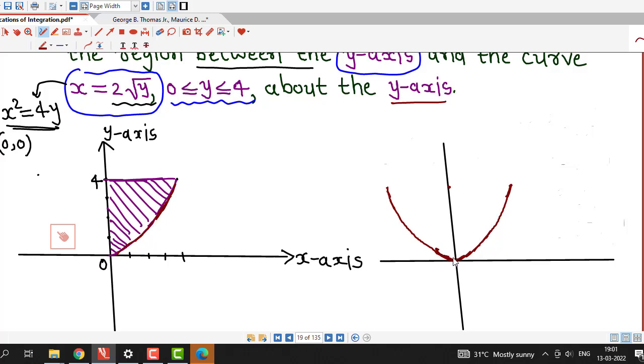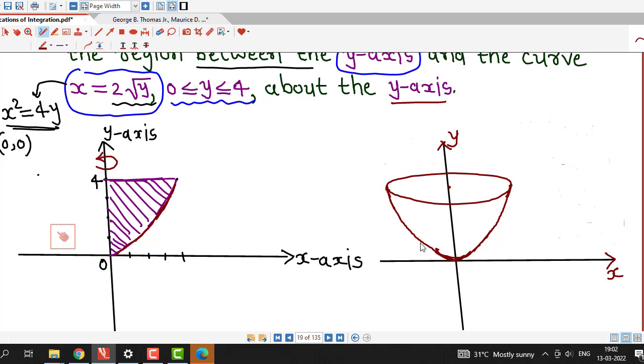So we have this type of mirror image, and now it is easy: we join these two and we will obtain this type of solid which is generated by revolving this region about the y-axis.